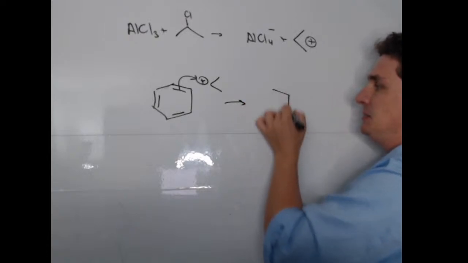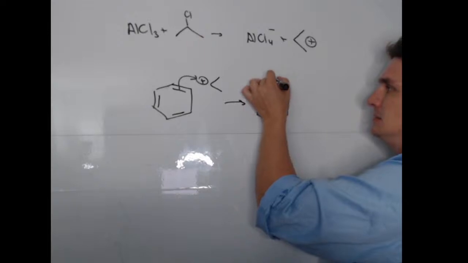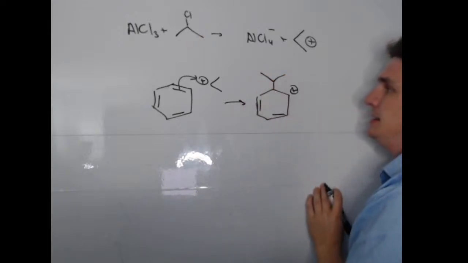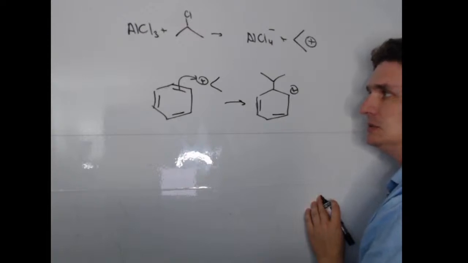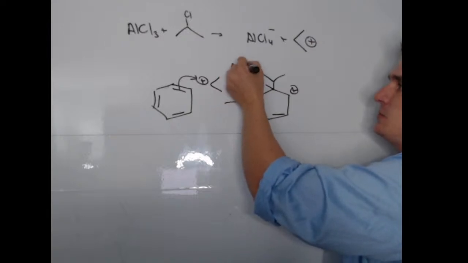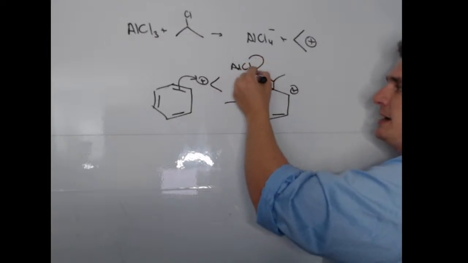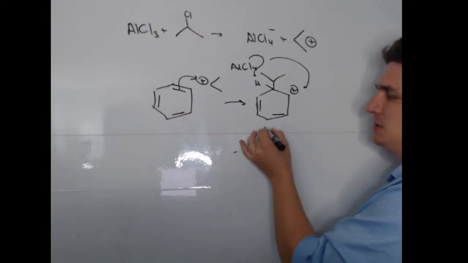It'll temporarily break the aromaticity of the ring. And then we end up getting a hydrogen back. I'm trying to remember how we do this. Oh, so the chloride, this will be the weird one. The AlCl4 will abstract this hydrogen and then put it back here. And that's how we end up adding it to the ring.